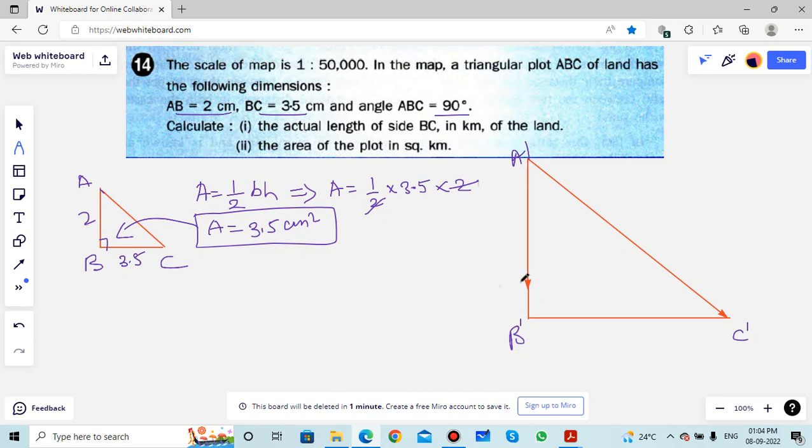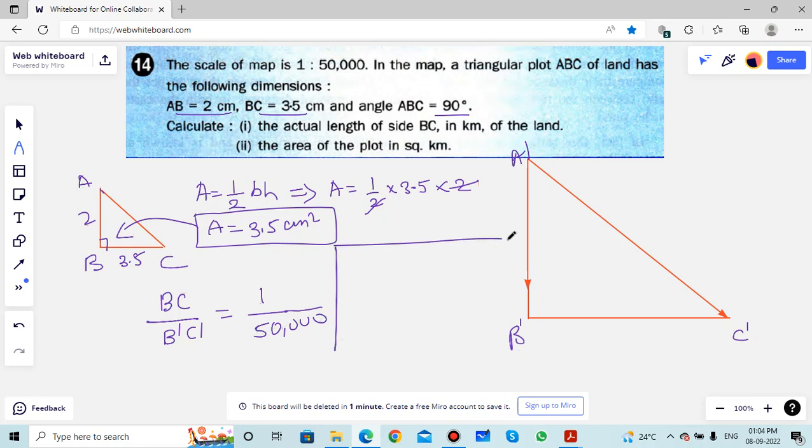But anyway, now the scale factor is 1 is to 50,000. They're finding BC here. So BC upon B dash C dash is equal to how much? 1 is to 50,000. They have given the scale factor. Since it is a length, we will keep it as such and will not square it.